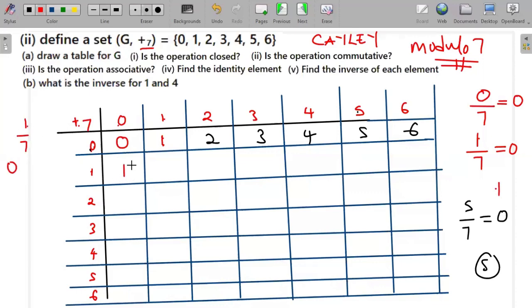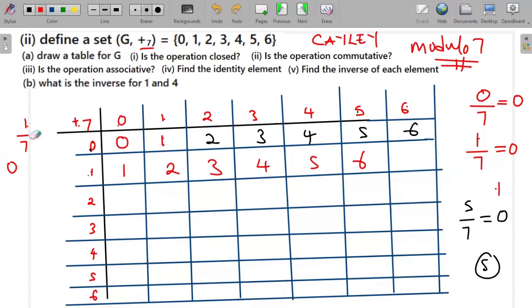So the remainder is the one that we put there. 1 plus 1 will be 2, 1 plus 2 is 3, 1 plus 3 will be 4, 1 plus 4 will be 5, 1 plus 5 will be 6, and then 1 plus 6 will be 7. So now that's where it gets interesting. I can't write 7 here.